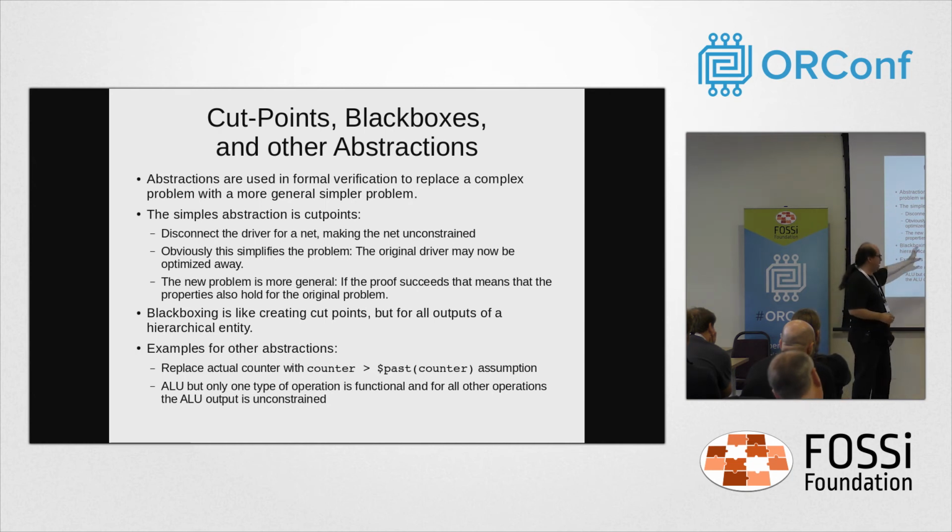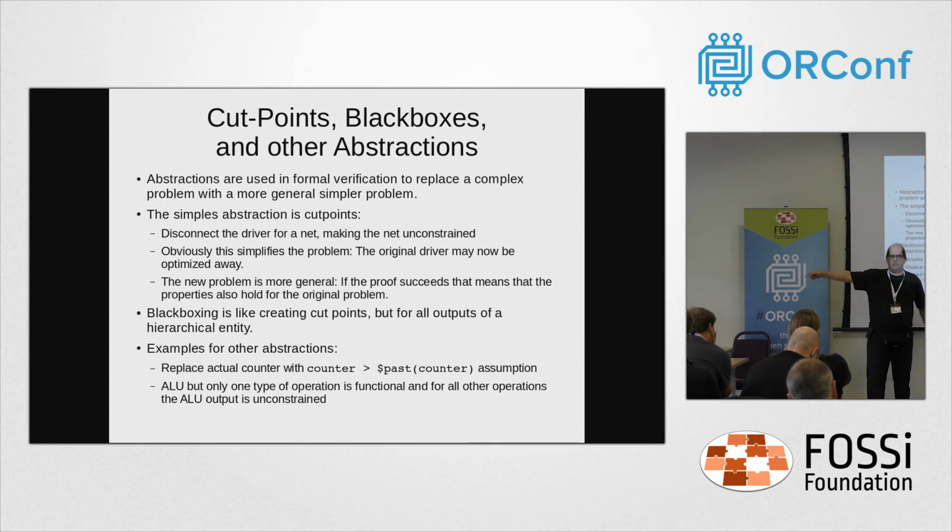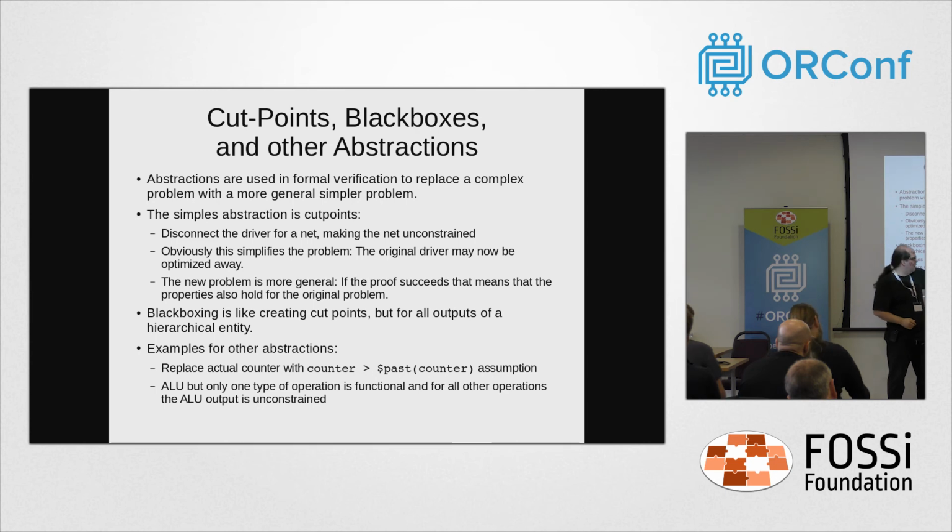So the classical textbook example would be, I have a counter that just increments in each time step, and I replace that counter with an unconstrained wire, and then I add this additional constraint, this assumption that I say the counter right now must be greater than the counter in the last value, at the last time step. And of course, a counter that increments in each time step satisfies this criteria.